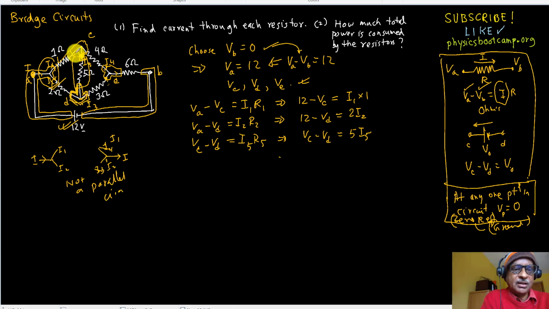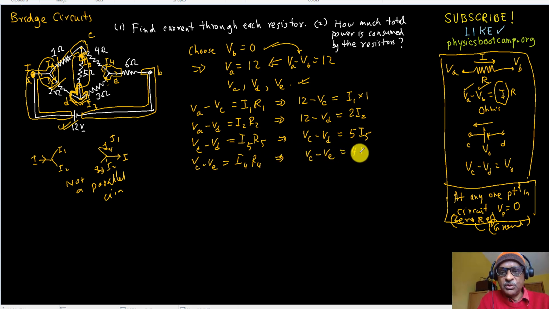And then let's do this one, VC minus VE, neither of them known, I4 R4, and that gives me VC minus VE equals 4I4. And then the last one is VD minus VE equals I3 R3, and this gives me VD minus VE equals 3I3.